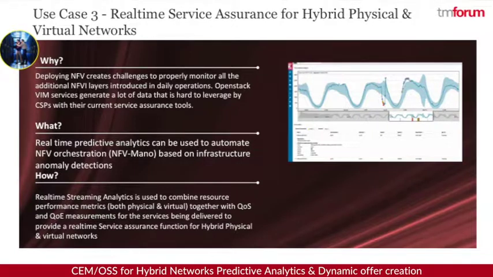We are using all the different elements that we have available for that, and we are using Red Hat OpenStack Ceilometer information in real time in order to predict what is an anomaly on an NFV function.